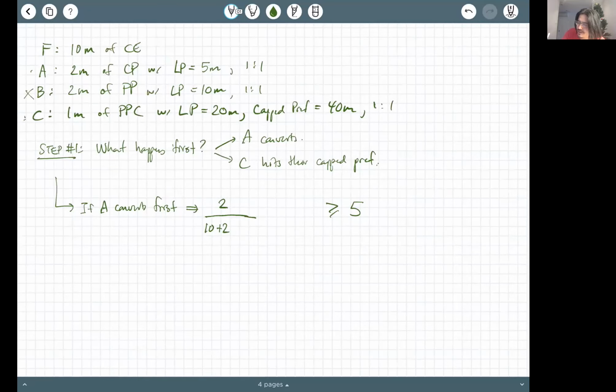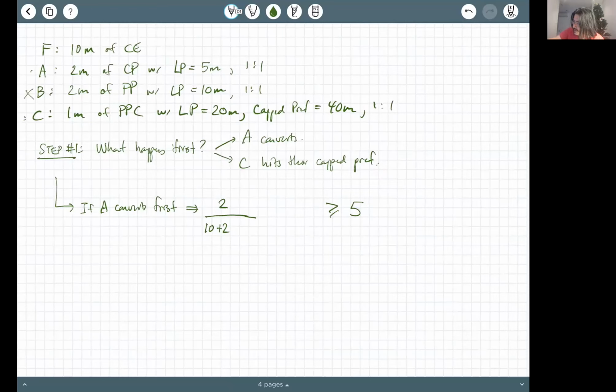But now it's important to understand the logic of what we're doing here. When A converts, even though they're the first to convert, we know that both B and C receive their 2 and 1 million shares respectively as participation. Even though they do not convert, they get a payoff as though they had converted.